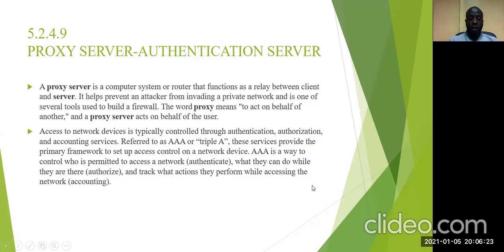Once you access the data center, you authenticate yourself, you are accounted, you are logged. Anytime they look at the server, they will know that a certain person, Ali, came to the server, and he was authorized and he was accounted. So it's very important in every network, the triple A.